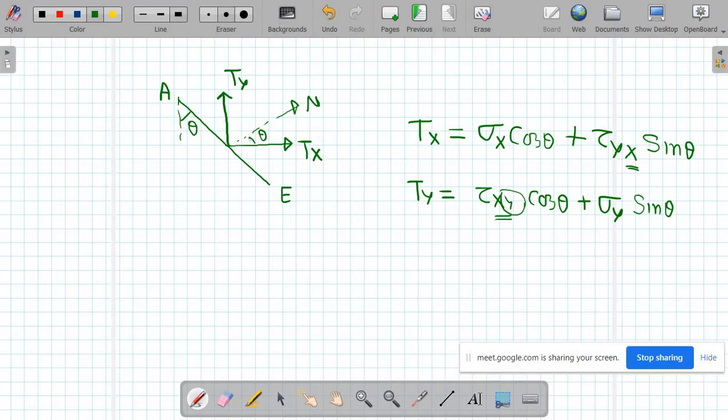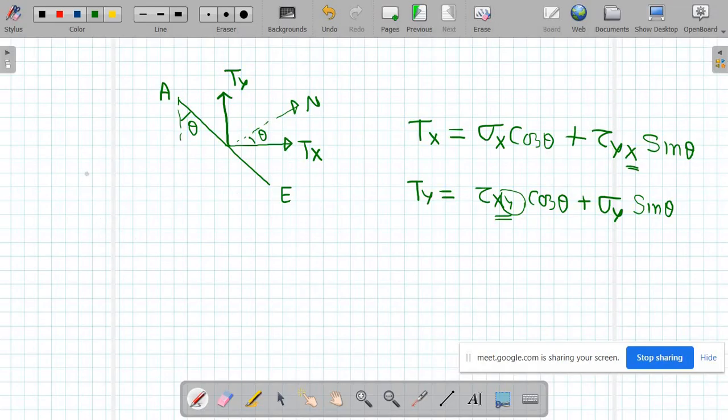Now we wish to find out the stress in normal direction, not in x and y. So what we have to do? We have to take the component, because this Tx and Ty are the vector force. So it can be resolved. So Tx cos theta would be in normal direction. We wish to find out the force in normal direction divided by area, termed as stress in normal direction.